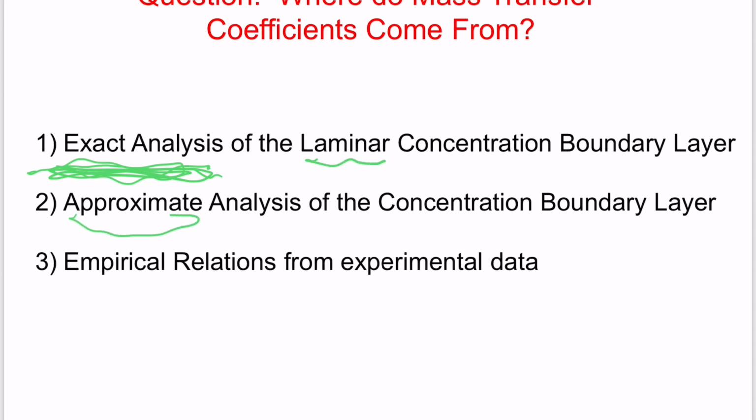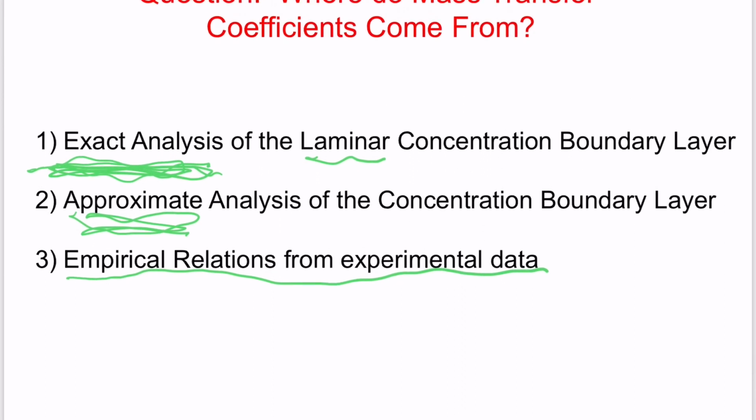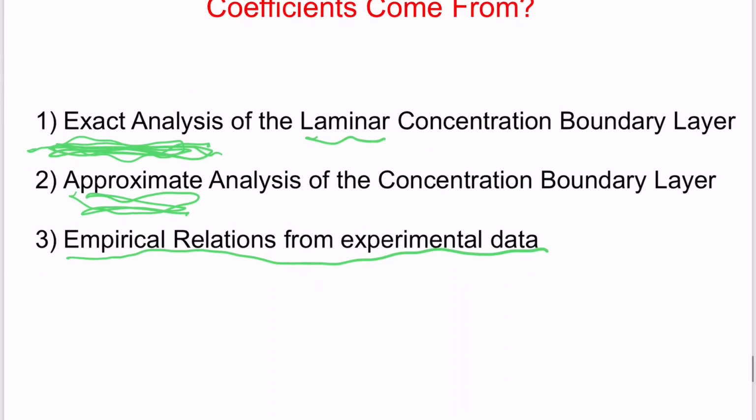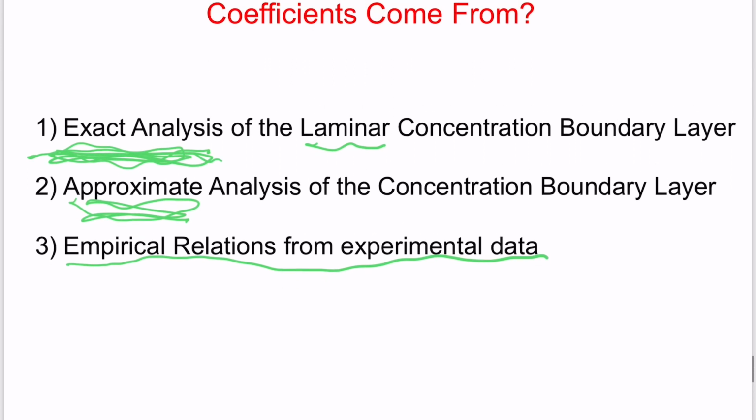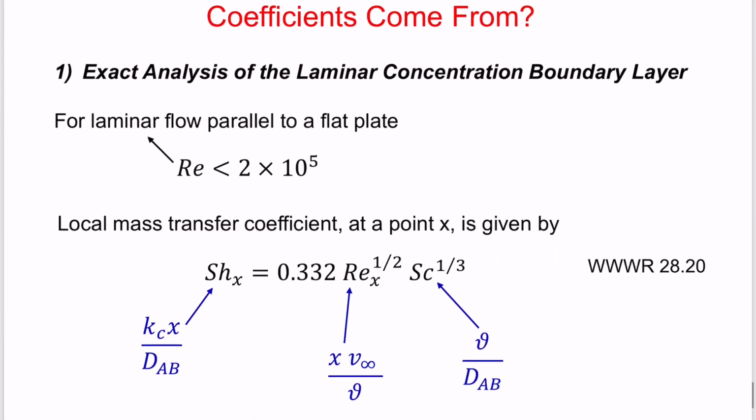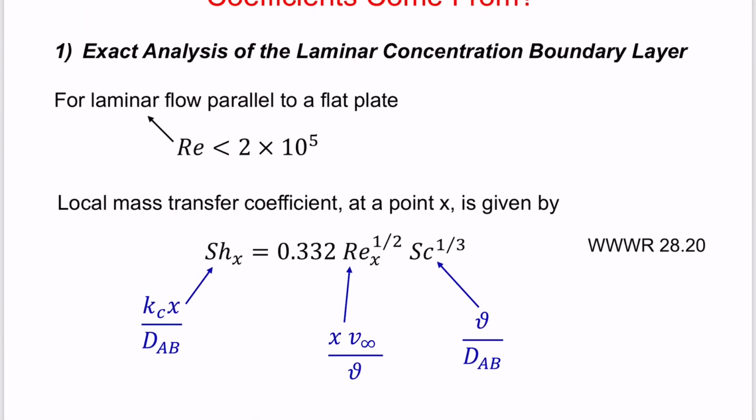For other flows, they've done an approximate analysis, and for even more flows, they just went to the lab, found experimental data, and found experimental relations. And you can find whole lists of correlations to give you the Sherwood number from the Reynolds number and the Schmidt number. Thank you, scientists from the past. And other things too, but we're just focusing on this. Okay, so yes, you have a question? Oh no, I was just wondering if we were going to do this for the recap, so I guess so.